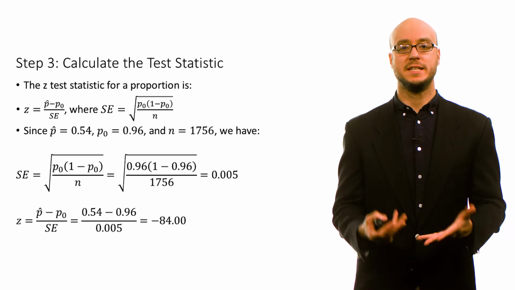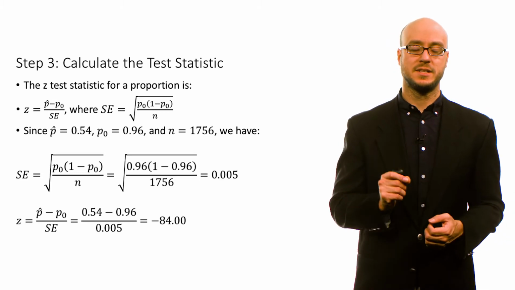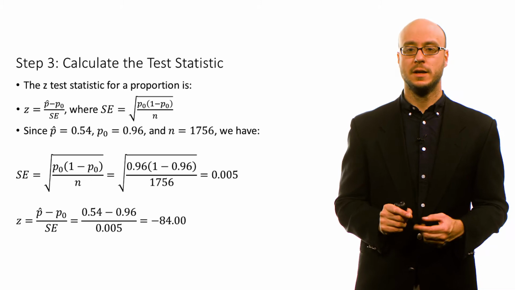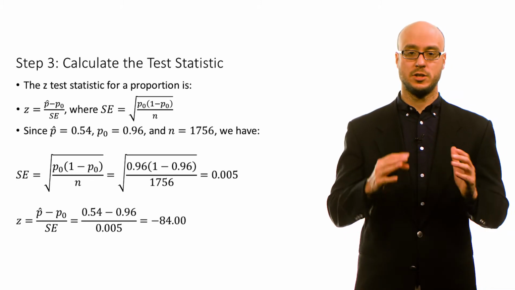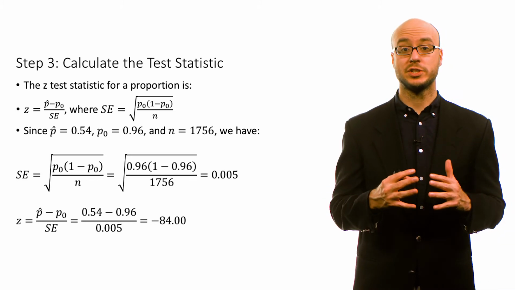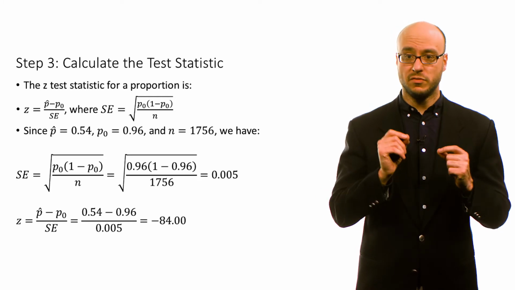Then we can calculate a z-test statistic. The z-test statistic is negative 84. Keep in mind, at this point, you should know something about the standard normal distribution. Negative 84 is a very extreme test statistic because we know, based on the normal coverage rule, that roughly 95% of all values we'd expect to be plus or minus 2 standard deviations within the mean.